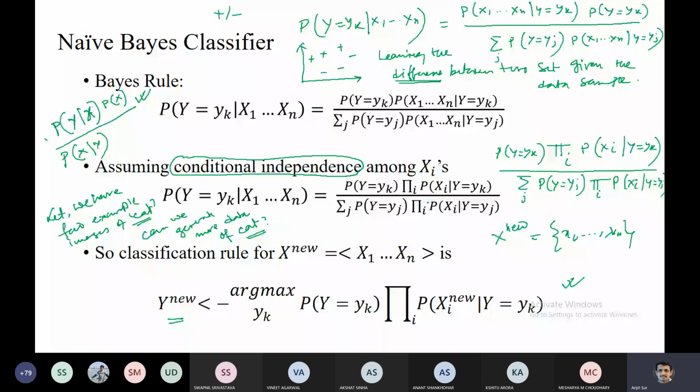So given this cat, can we generate? What is the likelihood of this data? So this is discriminative, and this is generative. Very interesting.